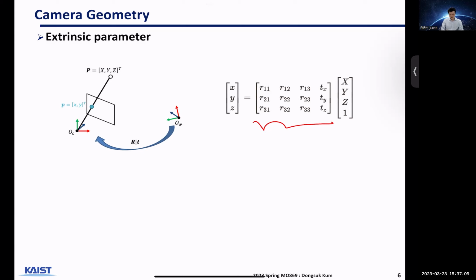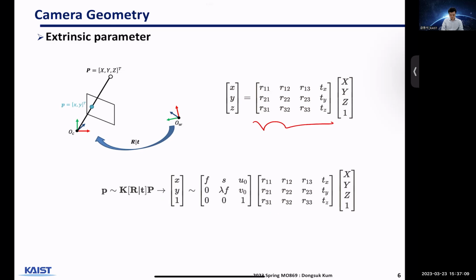So this is the definition of the extrinsic parameter, and the complete camera model consists of intrinsic parameter and extrinsic parameter. That way you can map the point P onto the image plane, small p. These are the relationships, and usually this is called the rotation matrix, and this is the translation matrix.